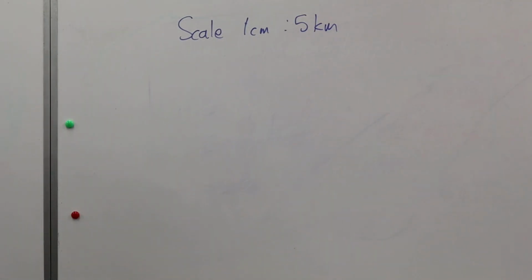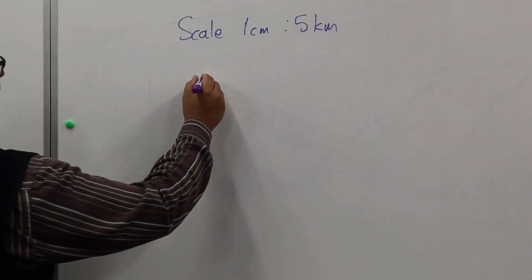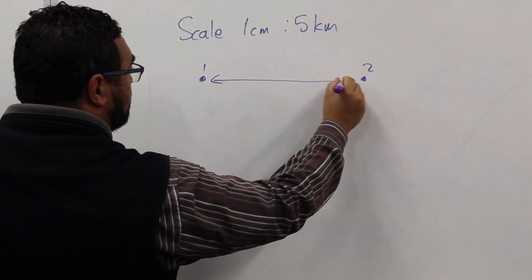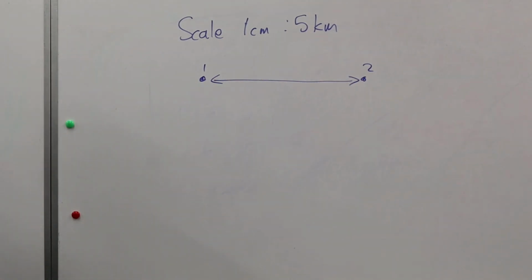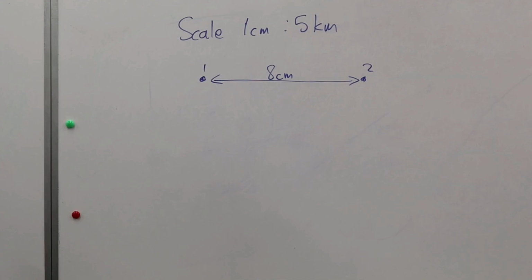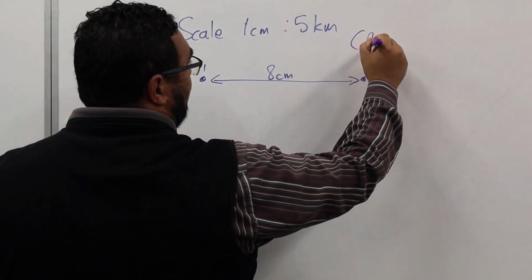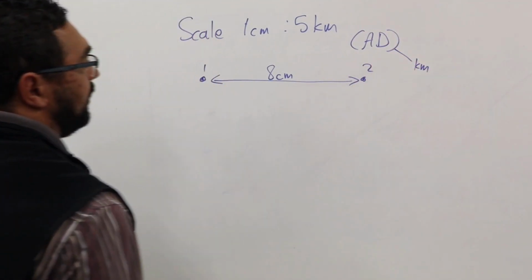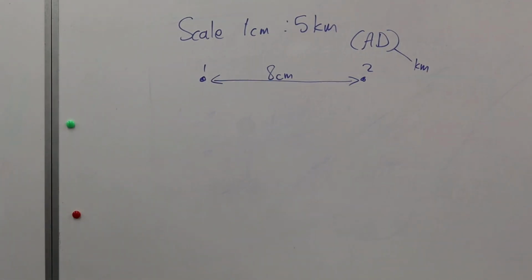Now, if the distance between 2 cities on the map is 8 centimeters, then they want to know the actual distance, in other words, a distance measured in kilometers. I mean, nobody walks around and says, well, I've walked 50,000 centimeters. No, we don't do that.